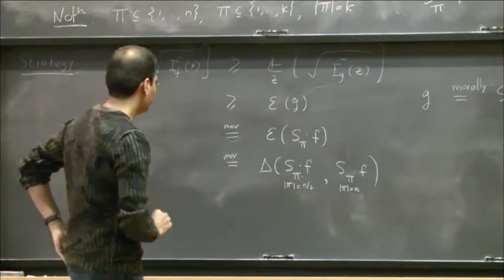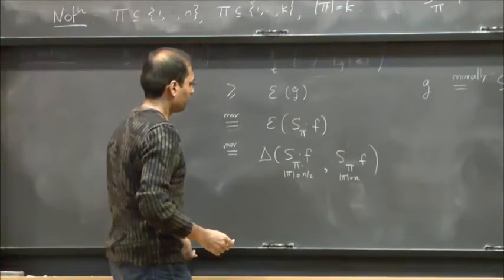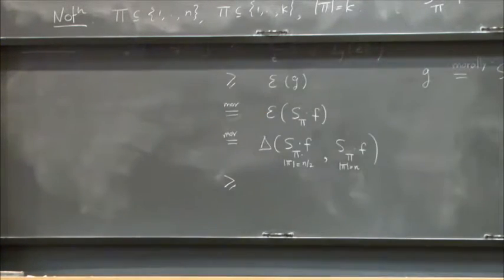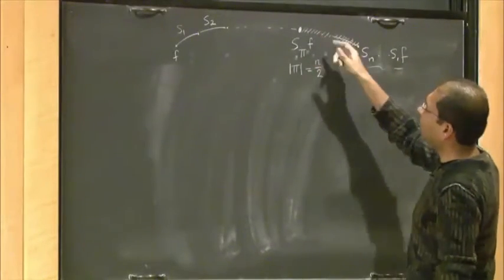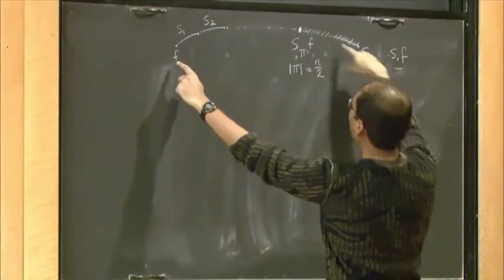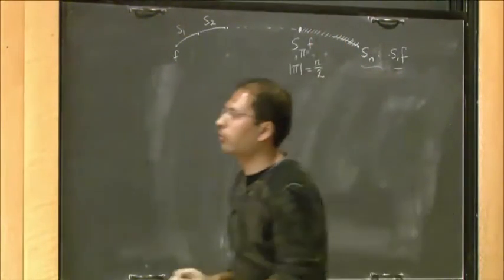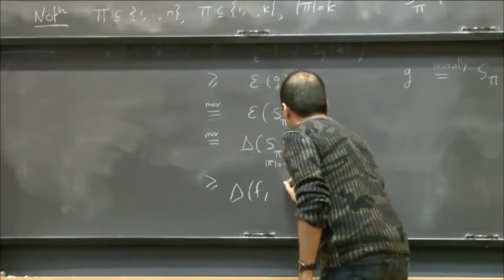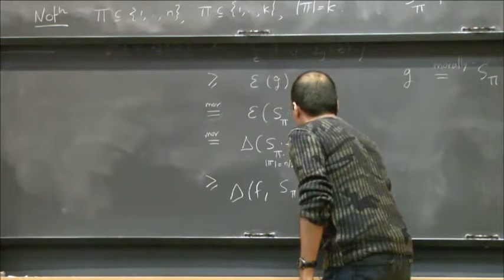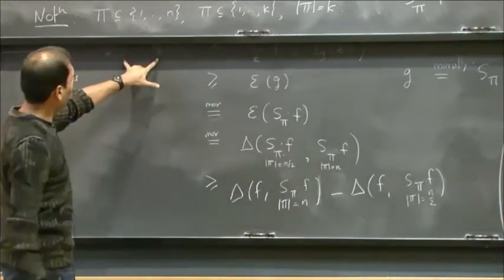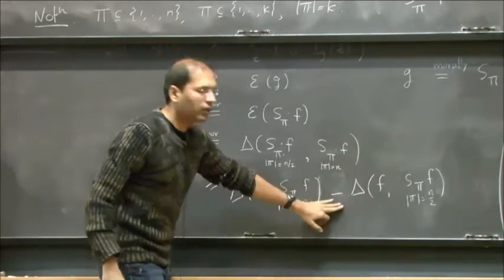By triangle inequality, I could start measuring all the distances from the original function, and then it will be this distance minus this distance, or at least. So it's at least the distance from f to the last point. Whatever, this is the quantity that we want a lower bound on, and we do get a lower bound of this nature.